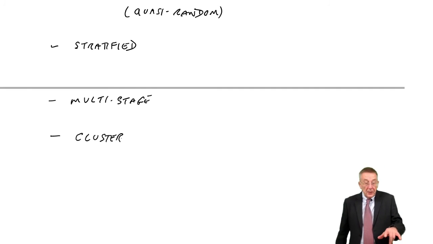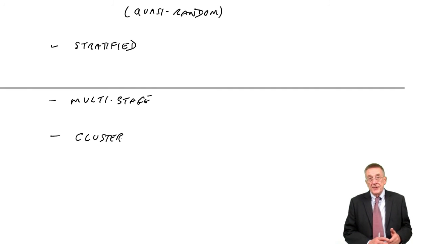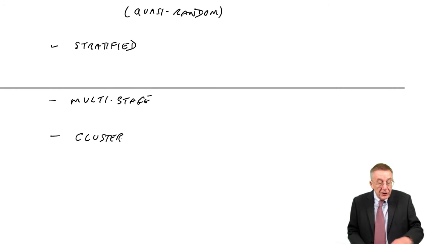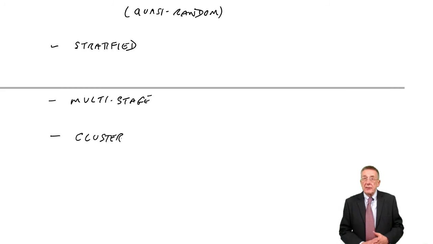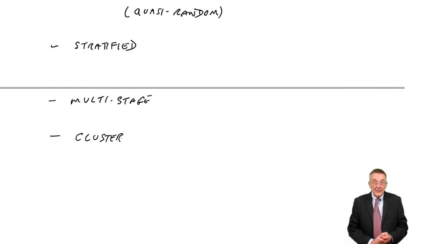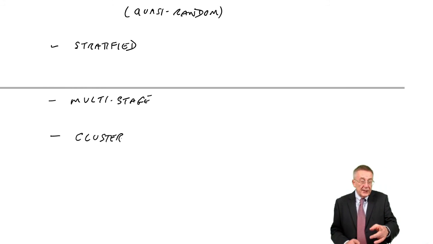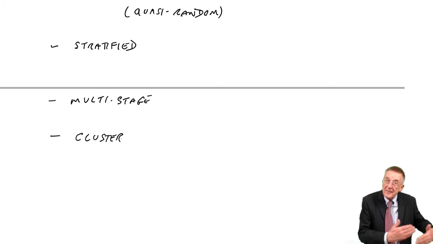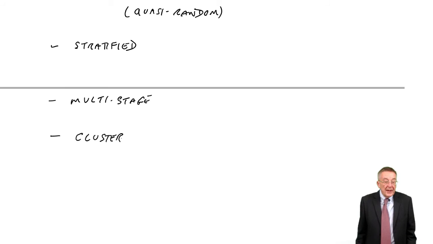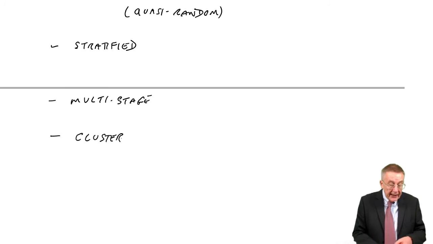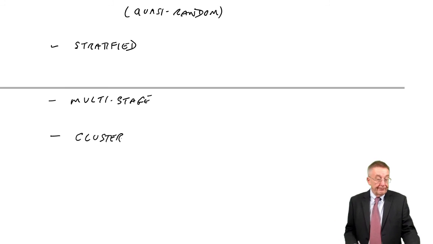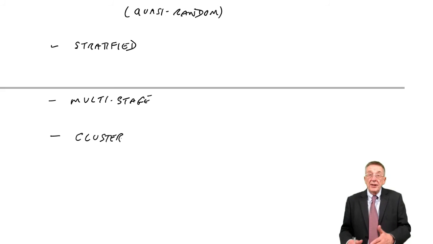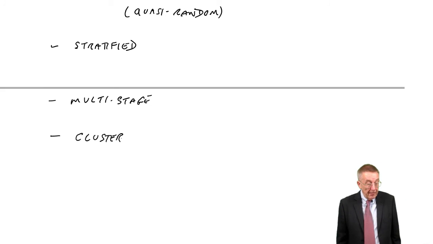Take a random sample of, say, 5 offices. So there we are being random. And then check every invoice at each of those offices. So it's not the same as multistage. In multistage, it'd be a random sample and then a random sample from each of those offices. But here, pick 5 offices, then check everything within those offices.